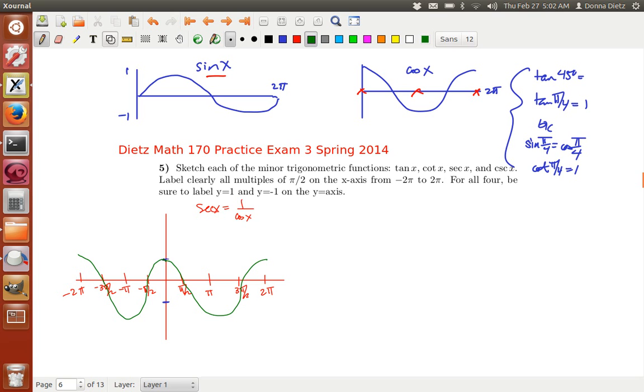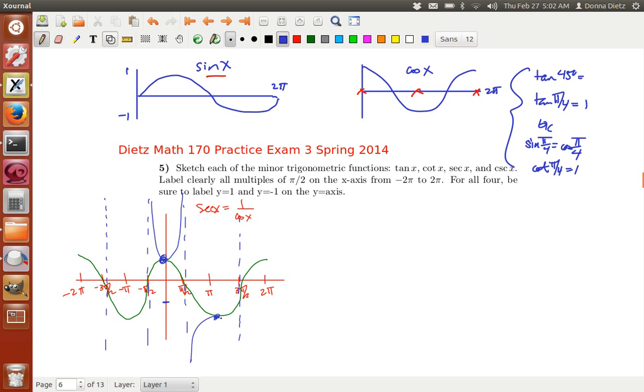Okay. Now we just take the reciprocal. And so you can see wherever there's a 0 in the original function, you have to have an asymptote. That's obvious. And the other thing, reciprocal of 1 is 1, and so this piece just does that. Reciprocal of -1 is just -1.